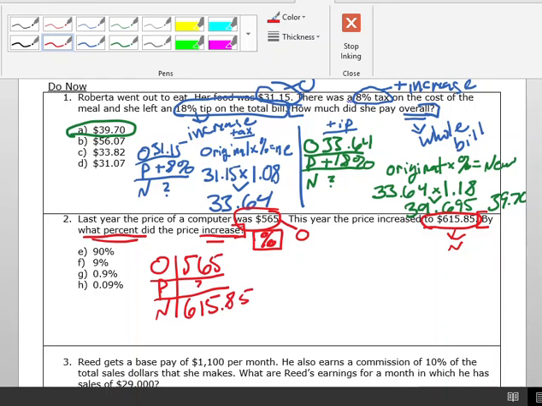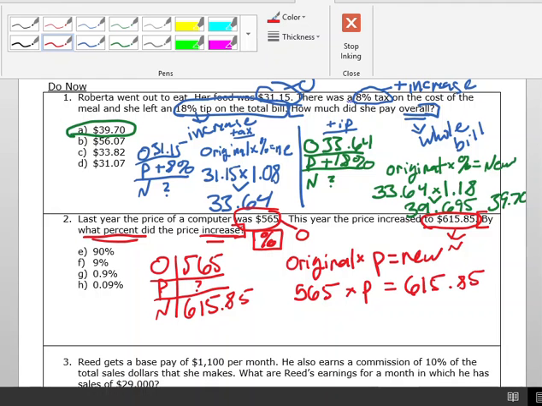What I do not know is my percent. Original times, I'll put P for percent, is equal to new. All right, so that's going to be 565 times P is equal to 615.85.